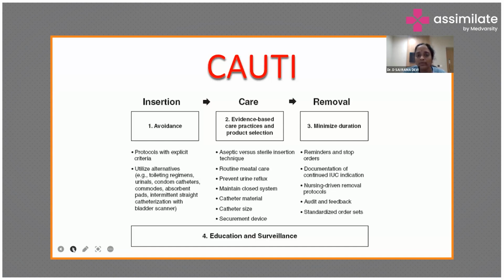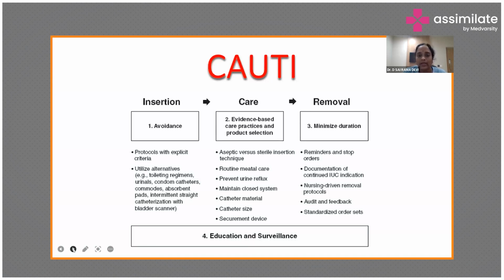Whenever there is a CAUTI, the number of CAUTIs in the ICUs is assessed or compared with the benchmarks in the institute or other institutes, and you go for an audit to see where the preventable step is, at what point you can prevent it, and you get feedback, and you again go for education and surveillance of these cases.